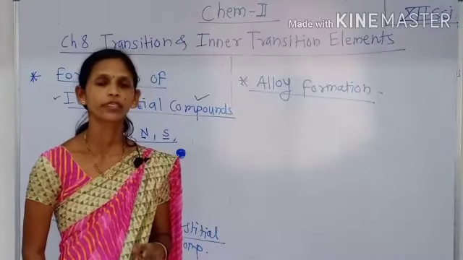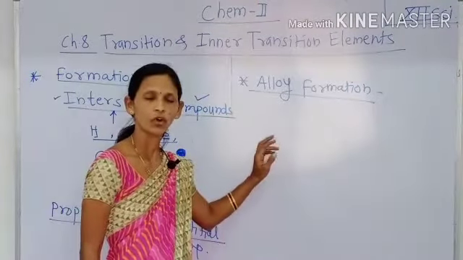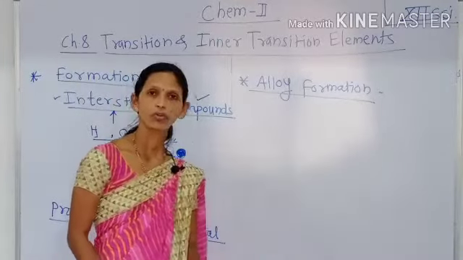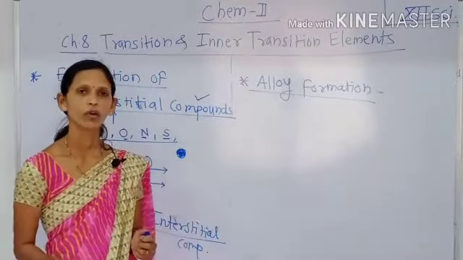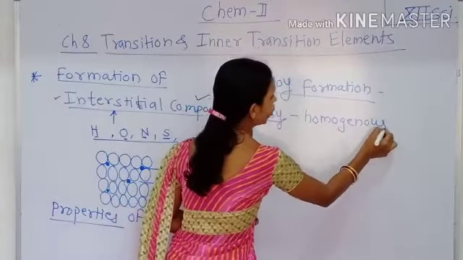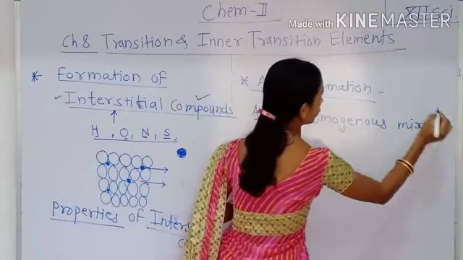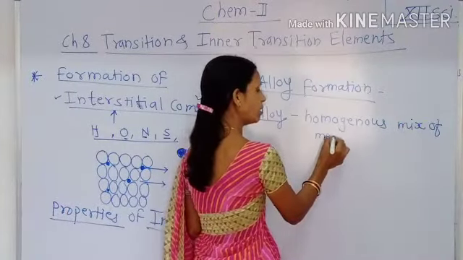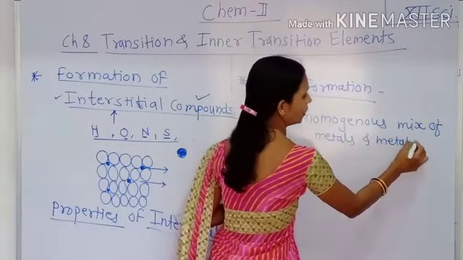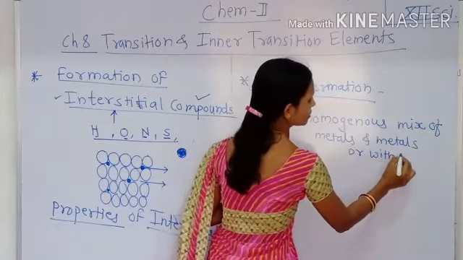Now we will discuss the last property in this chapter on transition elements, that is alloy formation. All of you are aware of alloys. What is an alloy? An alloy is a homogeneous mixture of metals with metals, or metals with non-metals.